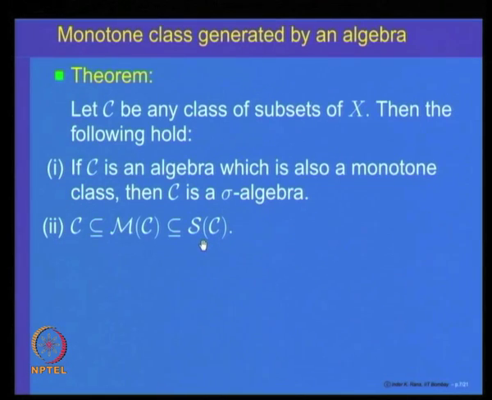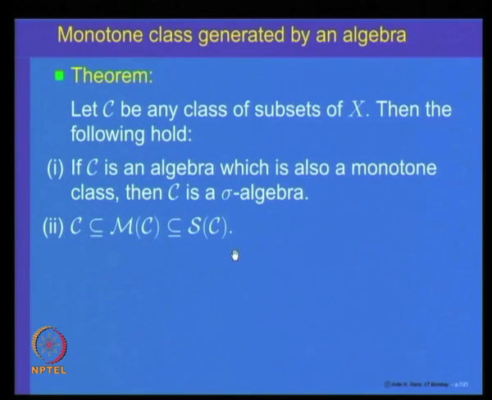So, S of C is a monotone class including C, and hence the smallest one must come inside. So, that will prove C is inside M of C is inside S of C. That means, given any collection of subsets of X, it is always included in the monotone class generated by it, and the monotone class generated by it is also inside the sigma algebra generated by it.